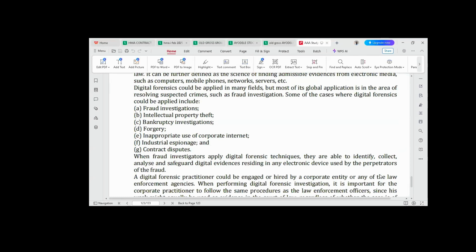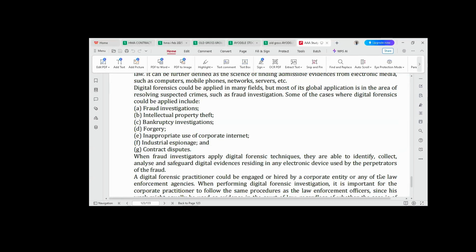So what this digital forensic practitioner will do is identify, collect, analyze, and safeguard digital evidence. That's what we call keeping a proper chain of custody.